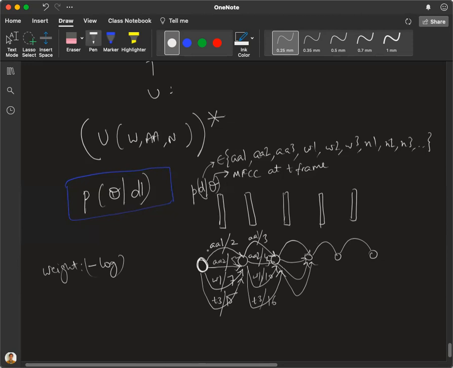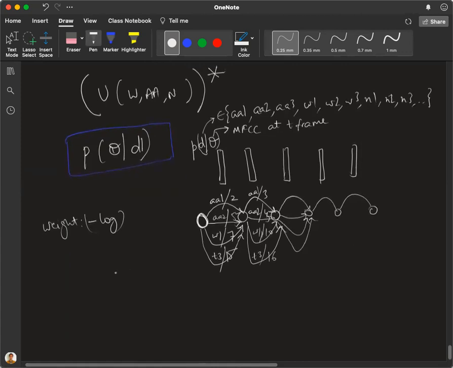Now let us say if I go here, this is 2, this is 3, and how the weights are added, they are not multiplied, right? Because this is negative log, so you add them up, and finally whichever is the minimum weight, that is your accepted path, right?